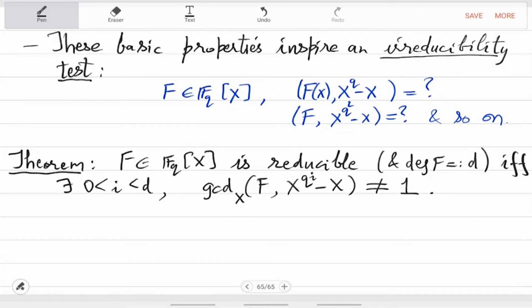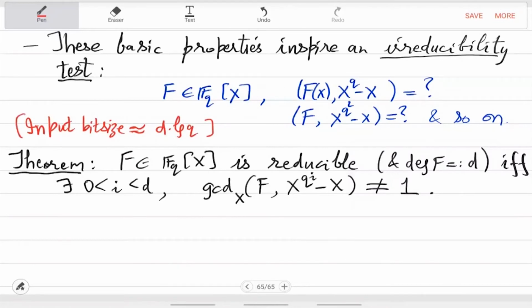But since your input size was d plus log q, or d times log q, so let me write that down. The input size in this case is d times log q.